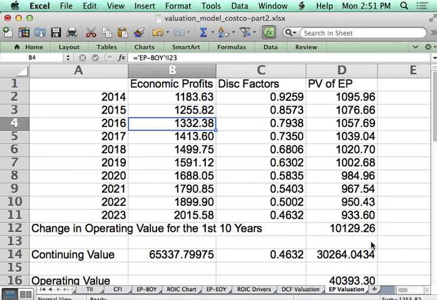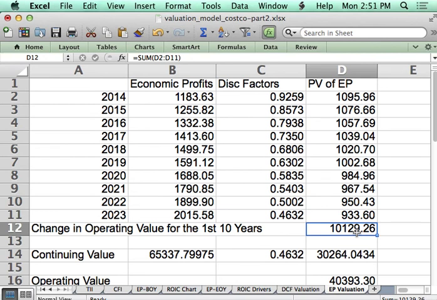BOY G, H, I, J, K, L, M, N, O, P. Same discount factors. This is the present values. So that's my change in operating value for the first 10 years of Home Depot, approximately $10.1 billion. That's how much value they're adding.